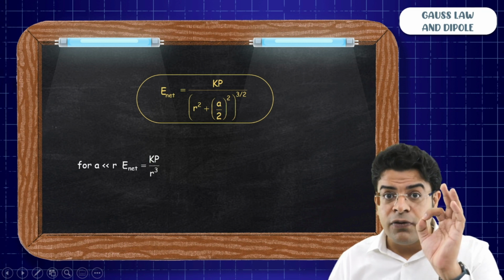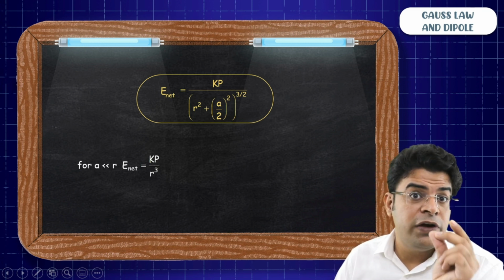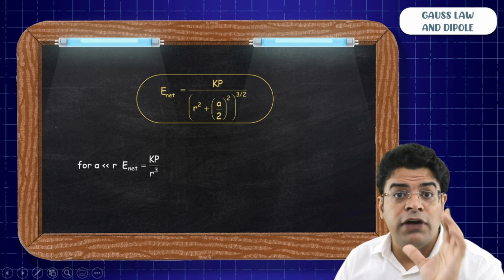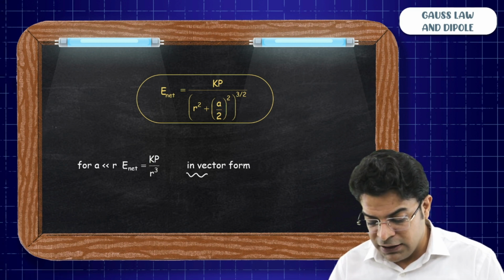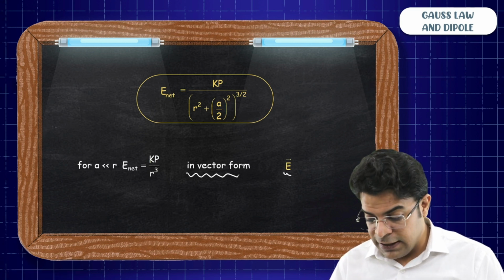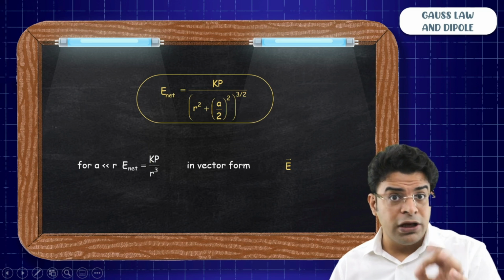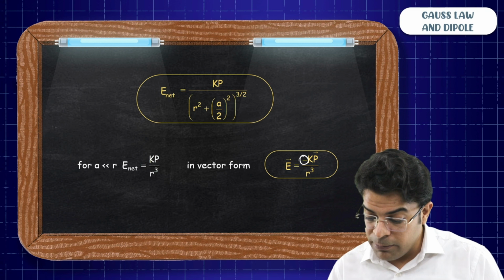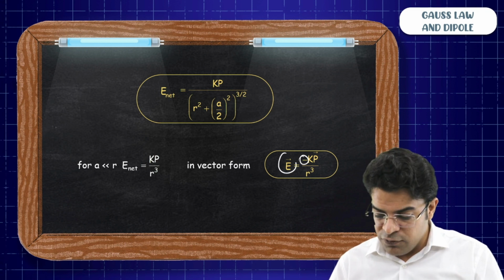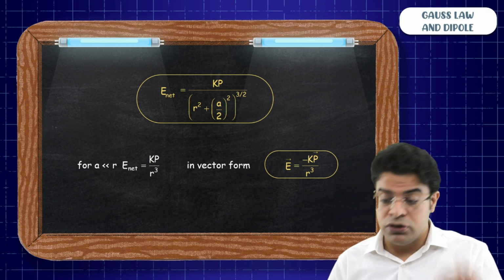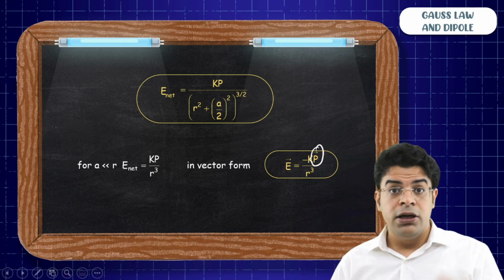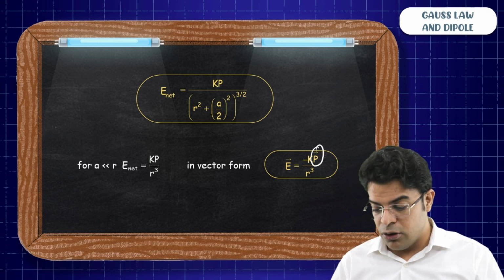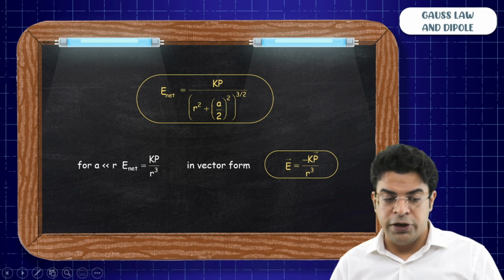So at an equatorial point, the direction of field is opposite to the direction of dipole moment. So in the vector form, we write the electric field at an equatorial point to be minus kp by r cube. Sir, why a minus sign? Because the direction of electric field is opposite to the direction of dipole moment.